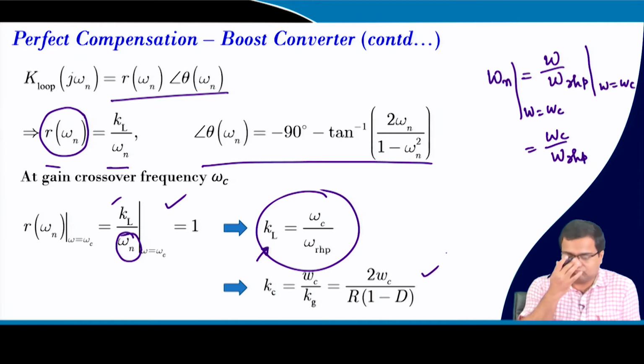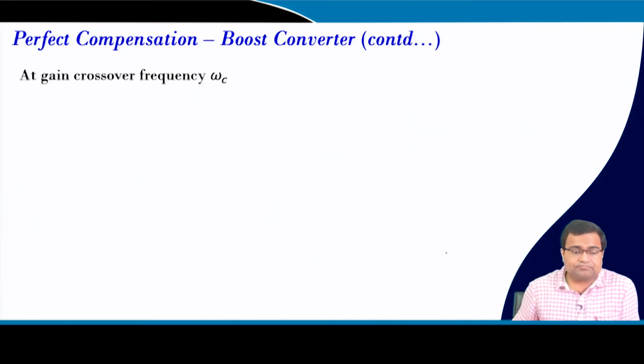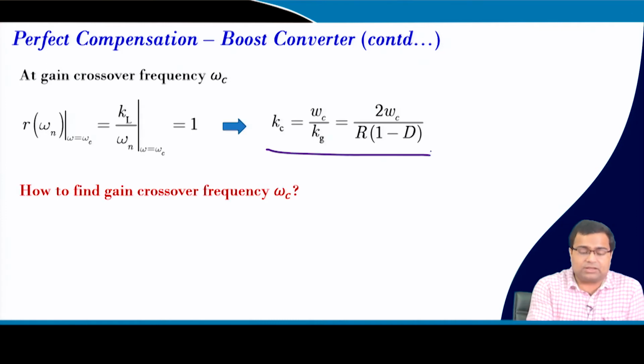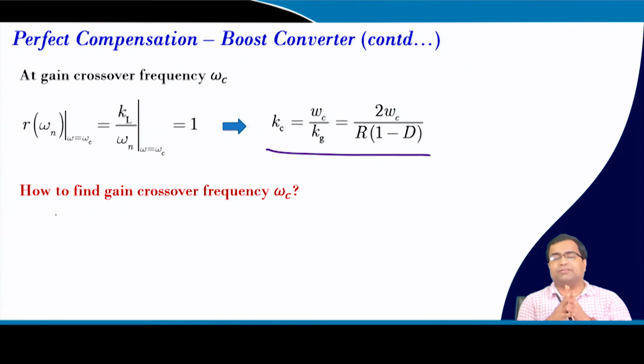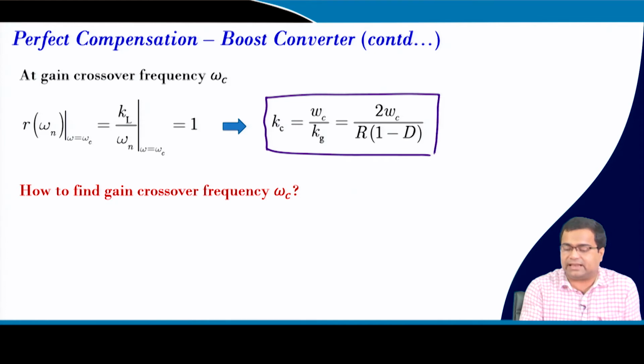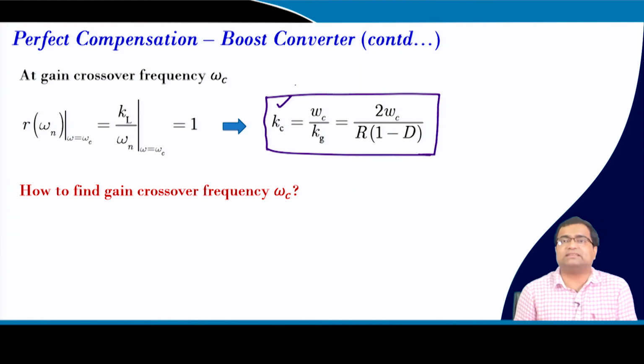Okay. Next, at gain crossover frequency, we have already computed the gain. Now, how to find the gain crossover frequency? Because if we can set the gain crossover frequency, then we can get the controller DC gain, right.